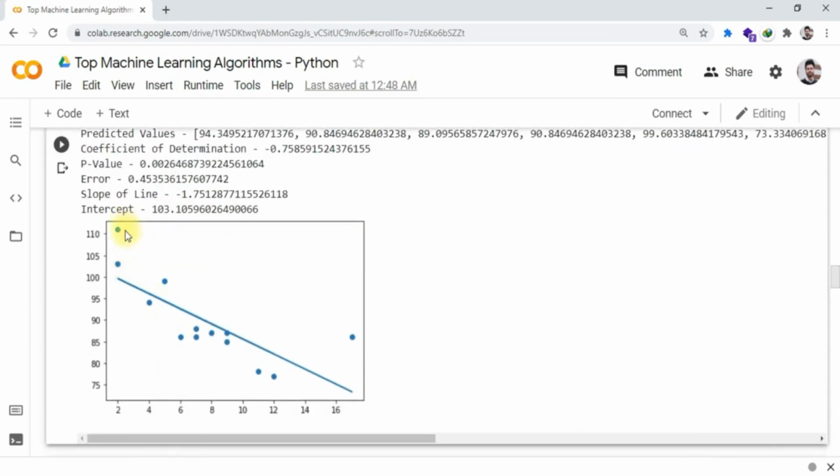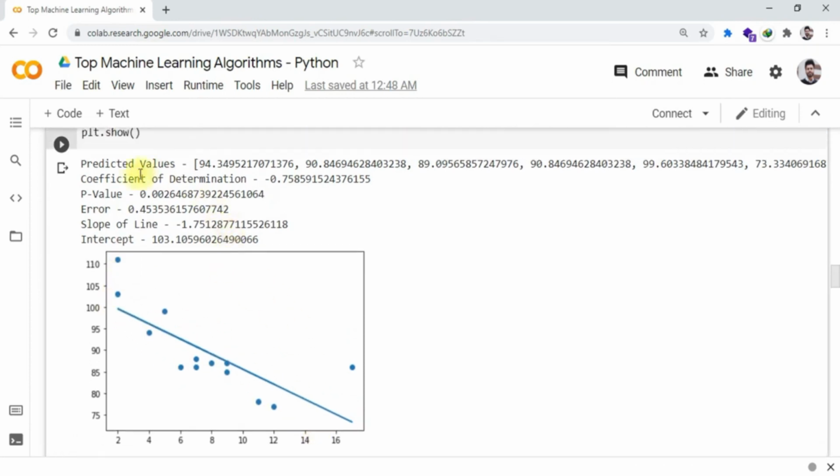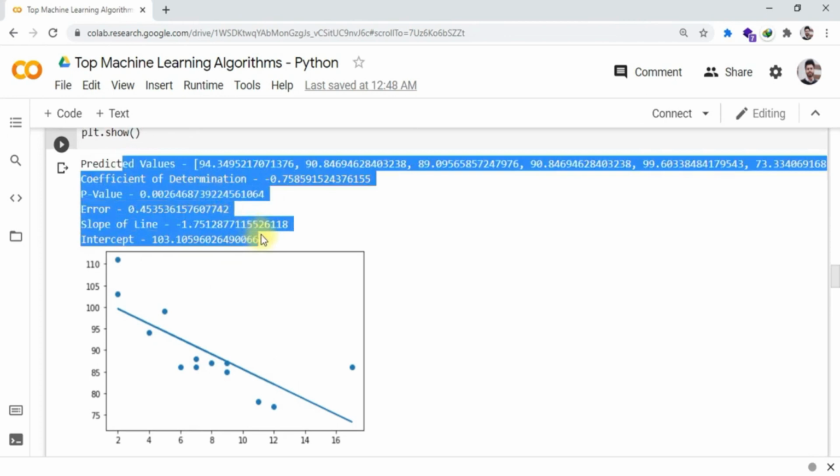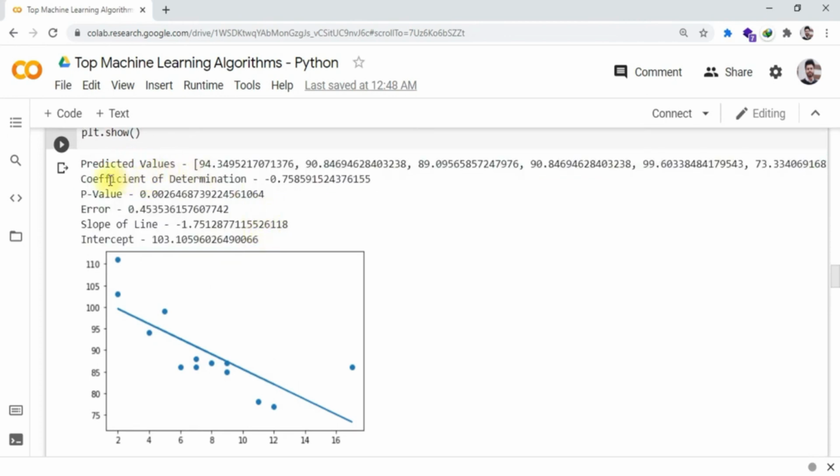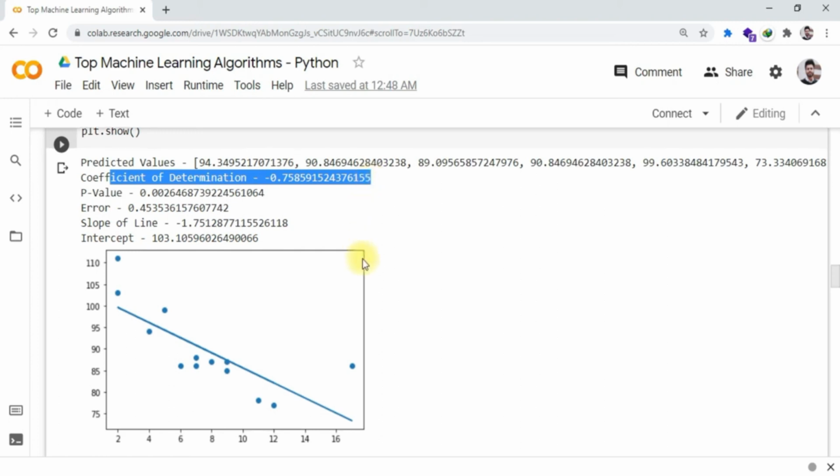So this is the actual values, this is the regression line, and these are the other values which are going to be here. As you see, the coefficient of determination is a negative value, so it is not a perfect fit model for our regression line, which means we need more data to make it close to 1.